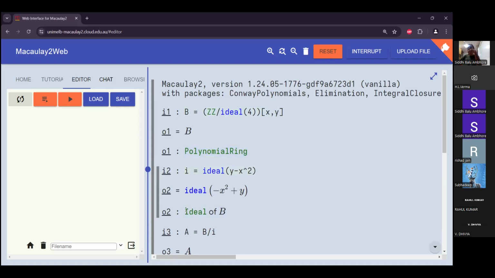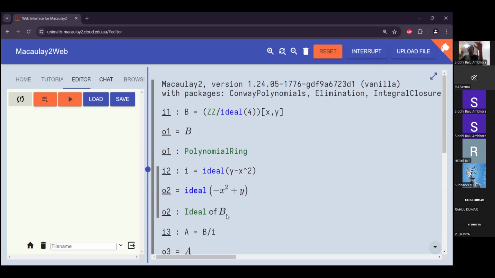If the ideal defined here is not an ideal of the ring B, then it will give you an error, because in that case it doesn't know what this quotient is. So when you defined your ideal here, could you see that it is showing that it is an ideal from your ring B? And if you have a predefined ideal in your terminal, you are getting all of that.